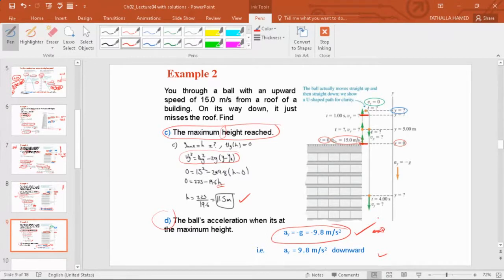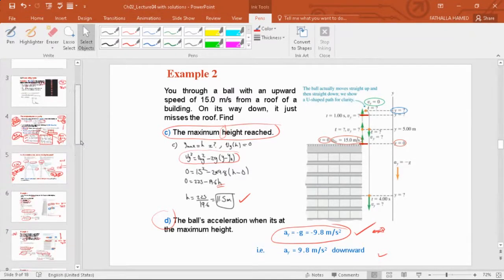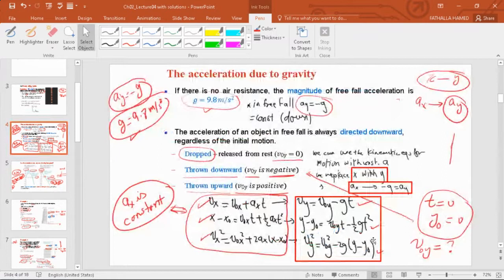So, the kinematic equations. Any questions on this one? Okay, the kinematic equations that we derived here: Vy equal to V0y minus gt; y minus y0 equal to V0y t minus 1/2 g t squared; Vy squared equal to V0y squared minus 2g(y minus y0).